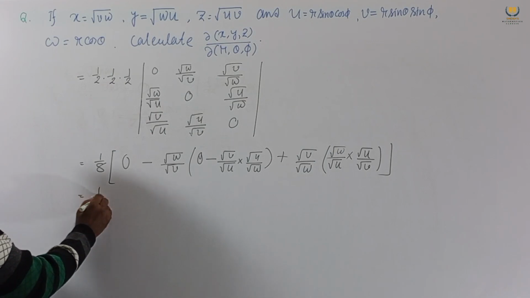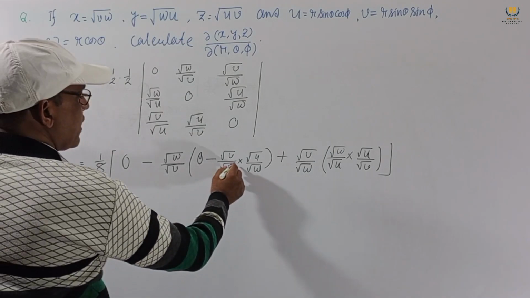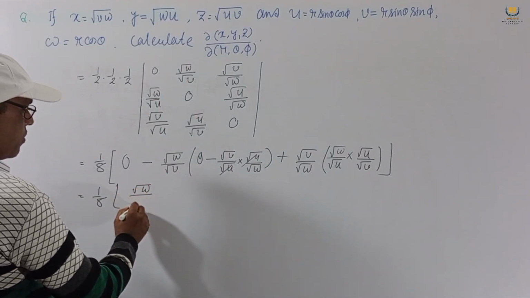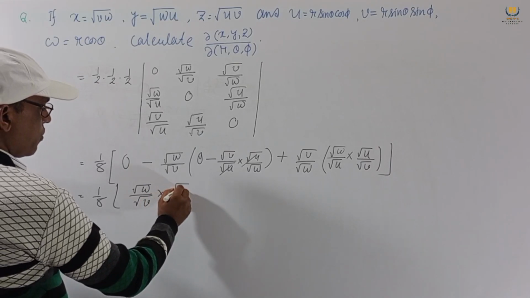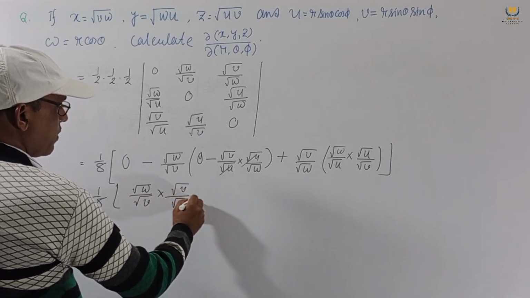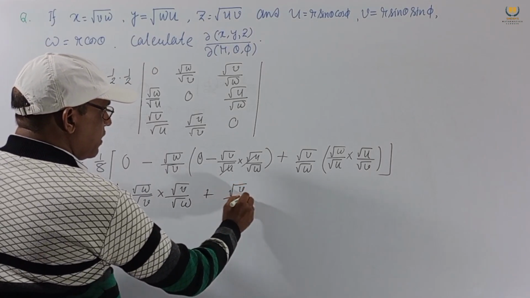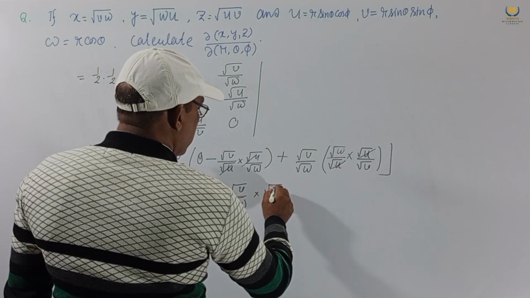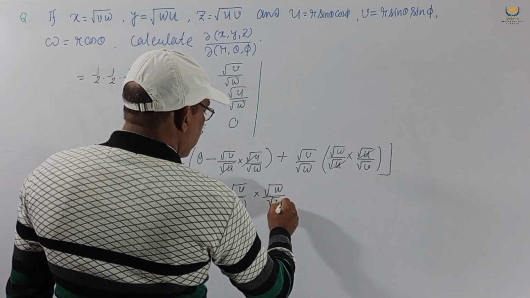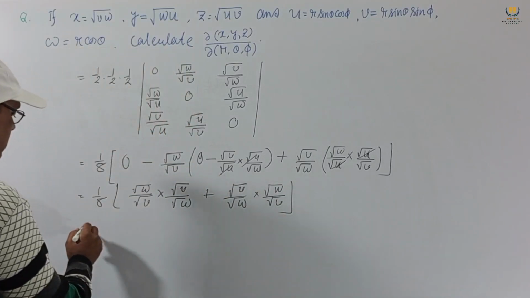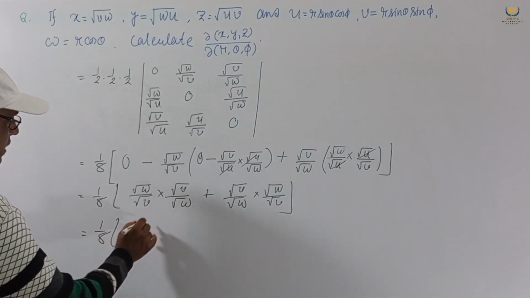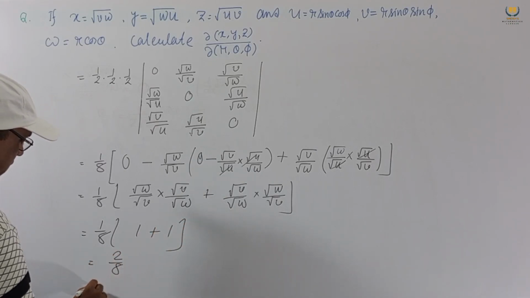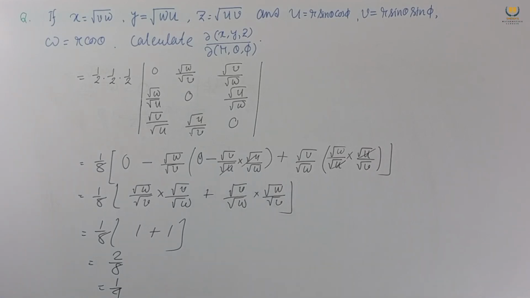Now this is 1 by 8, and u cancels, this into this, we get w root v into root v root w plus root v root w, this u cancels, root w by root v, and this will be 1 by 8, this cancels, we get 2 by 8, this will be 1 by 4.